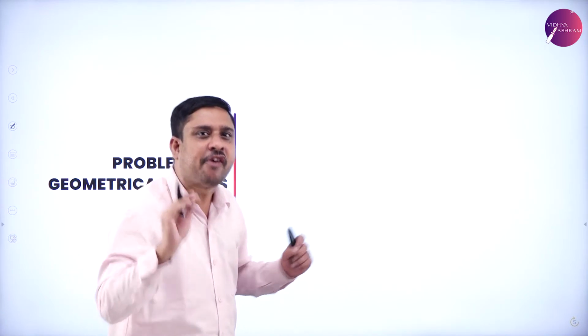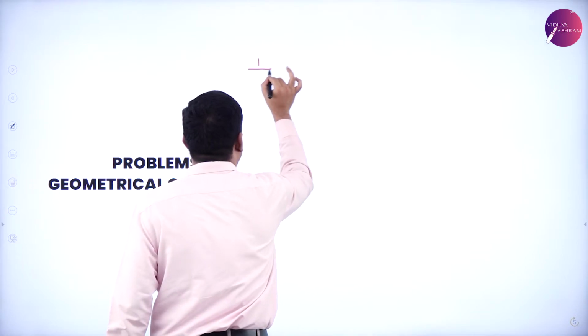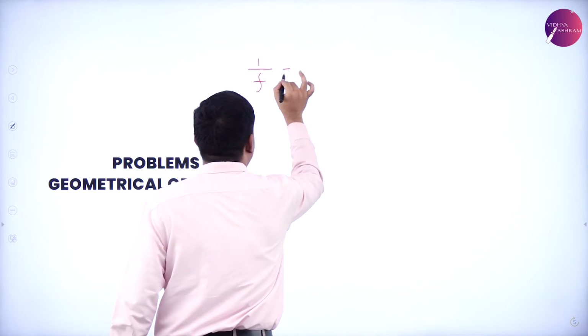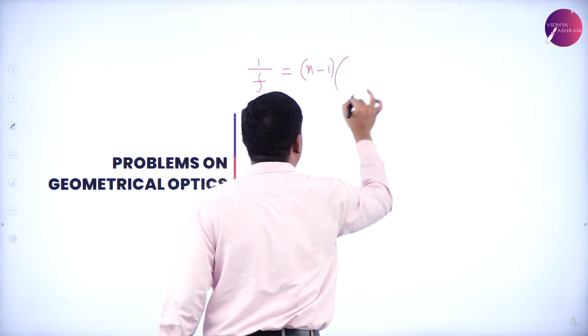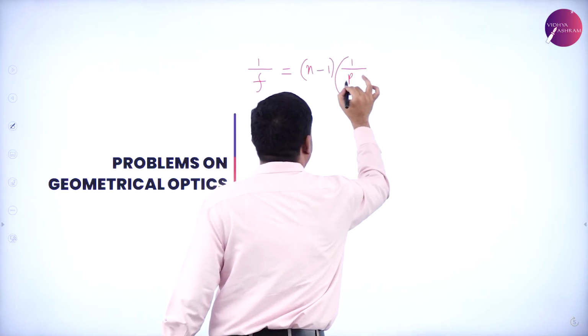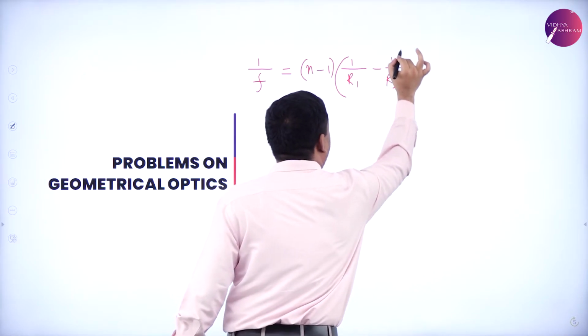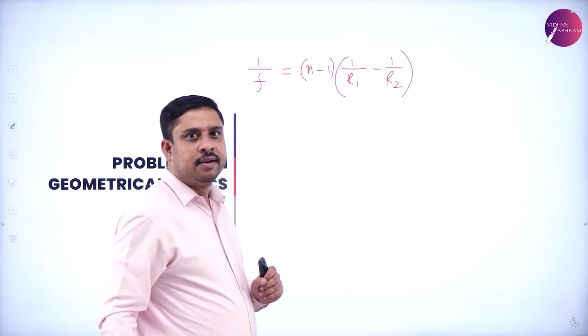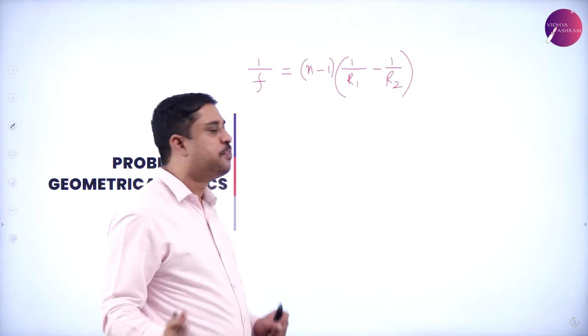He has kept the formula ready for me. So 1 by f is n minus 1, 1 by R1 minus 1 by R2, famously called the Lensmaker's formula.